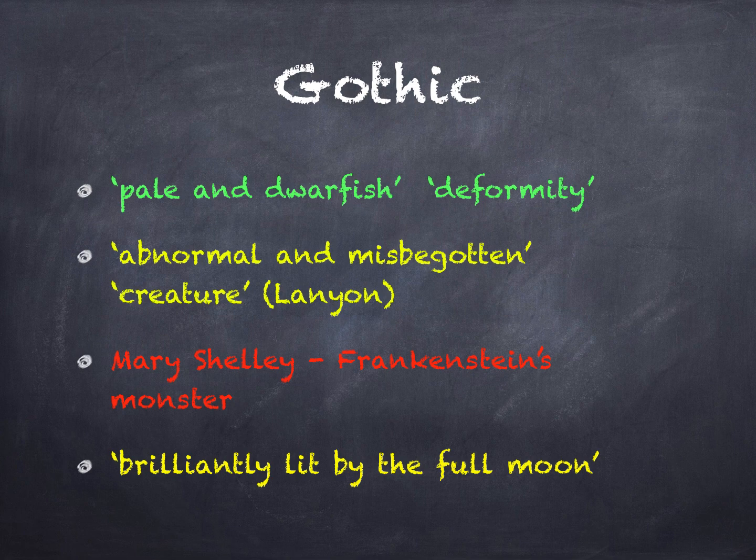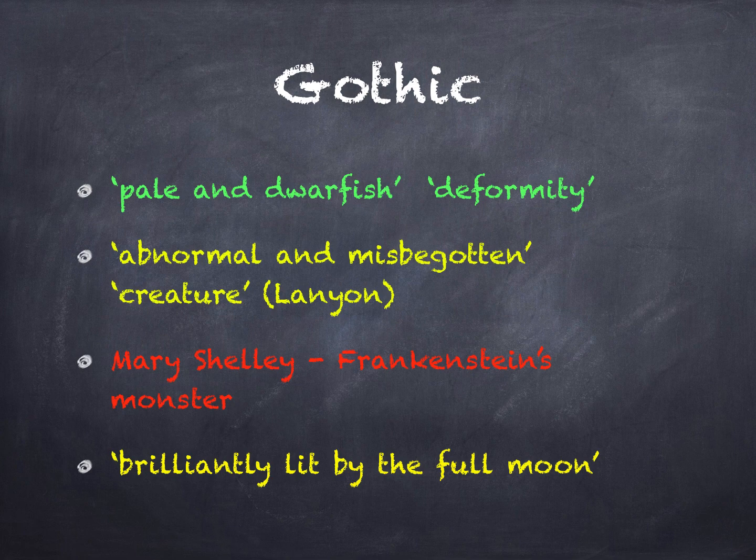Throughout the novella, you can see Hyde strikes people as someone who is peculiar. I've highlighted here Dr. Lanyon describes Hyde as abnormal and misbegotten, as if even at birth he wasn't right, and also refers to him as creature. Now, this word creature, I think, is particularly interesting for us.